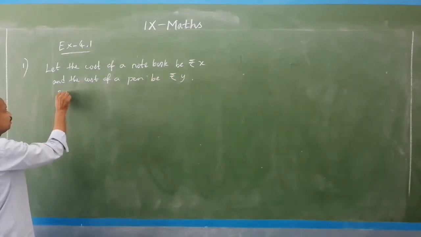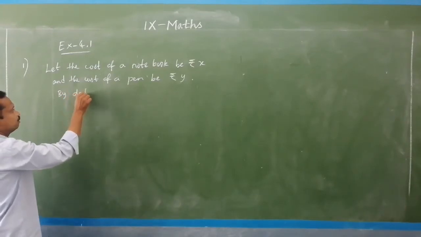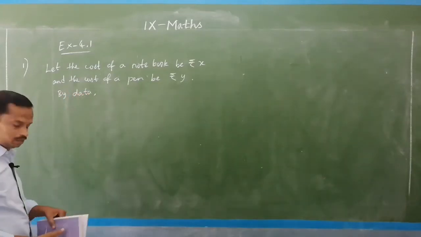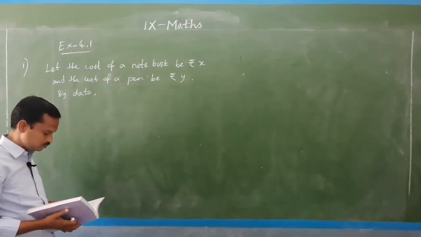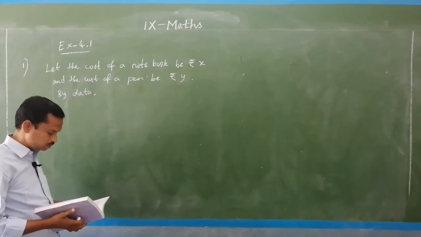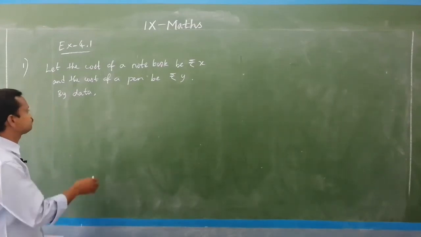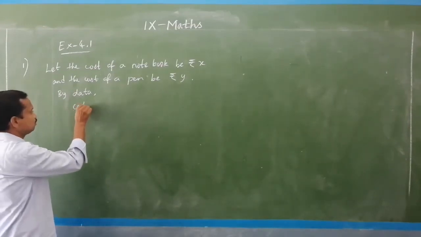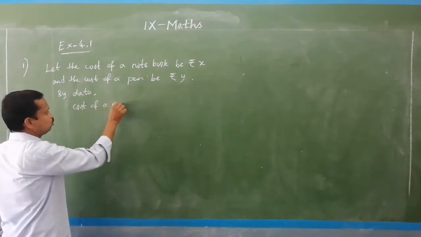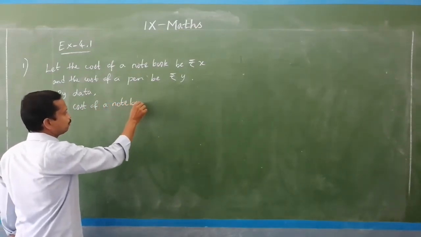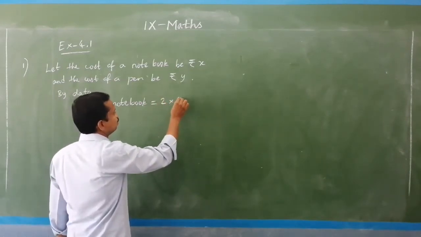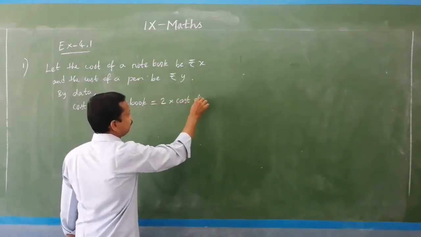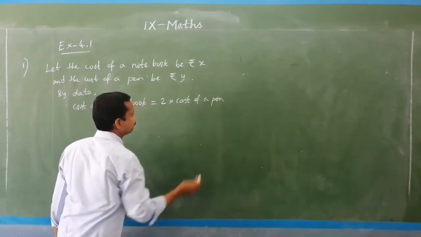By the data, that is, the question, the given part is the cost of a notebook is twice the cost of a pen. So this is what is given.